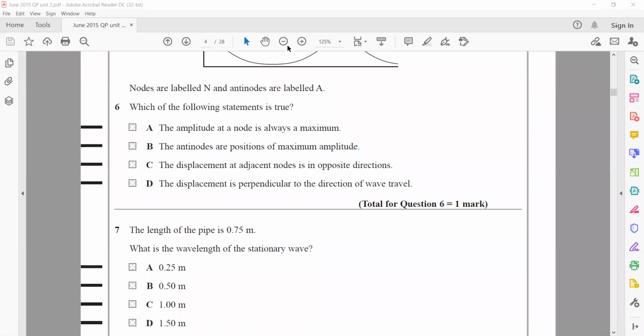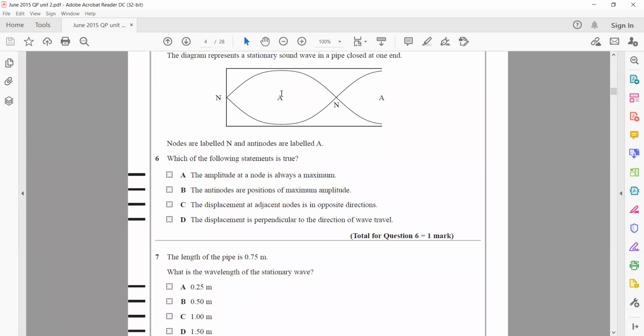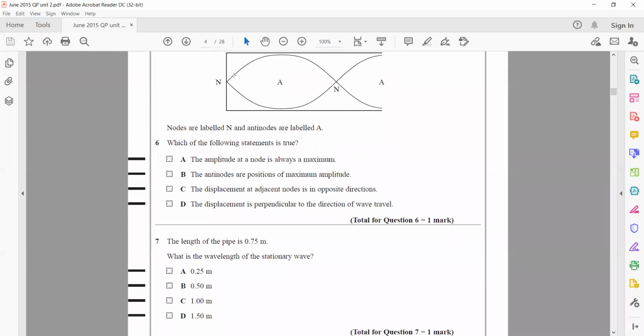Then the length of the pipe is 0.75 meter. What is the wavelength of this stationary wave? We know the distance between two successive nodes is lambda by 2. This one is lambda by 2, and from node to antinode, that is lambda by 4. So lambda by 2 plus lambda by 4 is equal to the length of the pipe, 0.75. So 4 will be the LCM.